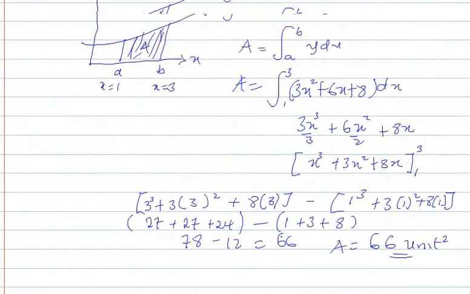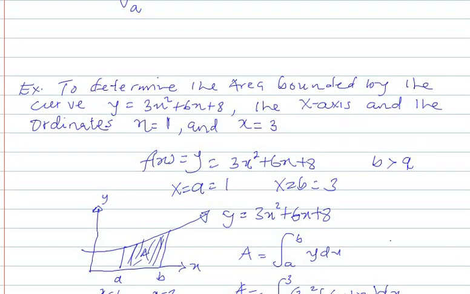To determine this, the function is going to be given. So you have y as the function, which is f of x, and then the limits. This is the lower limit, this is the upper limit. I don't want to waste time reading or writing something. The aim is to just understand.